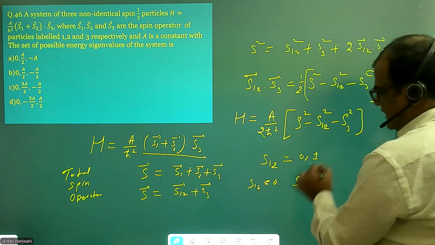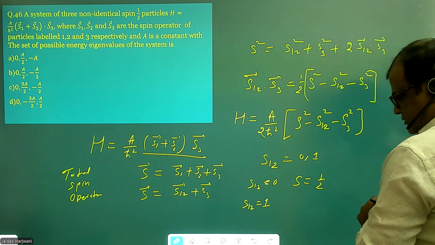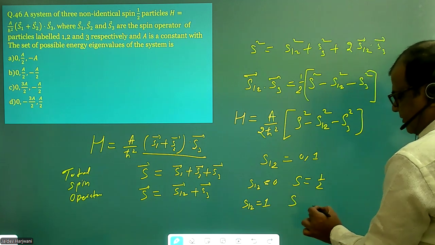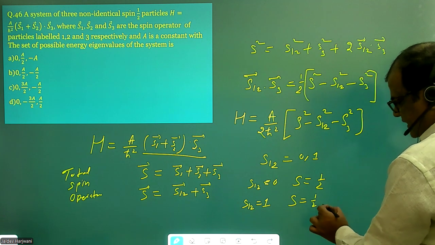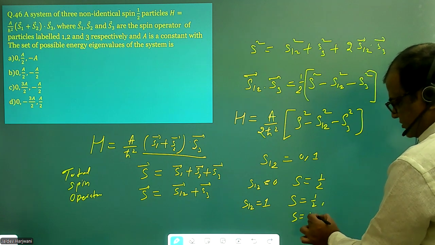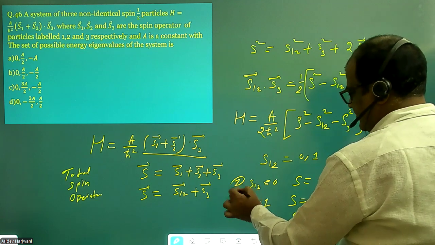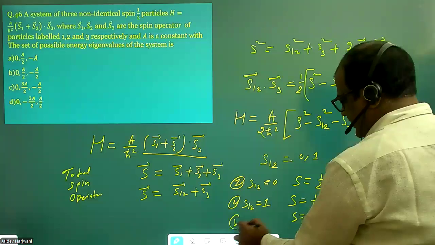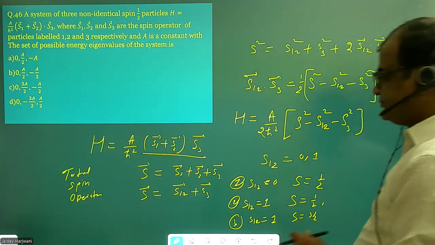And now if I take S12 equal to 1, in this case my S can be either half, or it can also be 3 by 2. So I have a total of 3 cases: the third case is when S12 is 1 and S is 3 by 2.